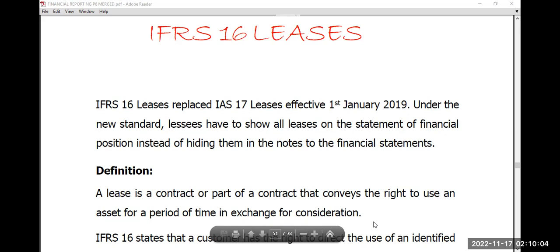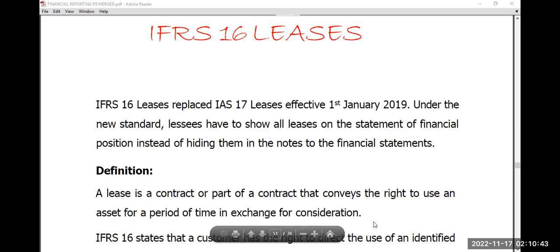And that person is going to be paying a certain amount of money, either on a monthly basis, annual basis, or quarterly basis, depending on the agreement that has been made between the lessee and the lessor. So that's basically what you should know about leases. It is a contract or part of a contract that conveys or transfers the right to use an asset for a period of time in exchange for consideration.